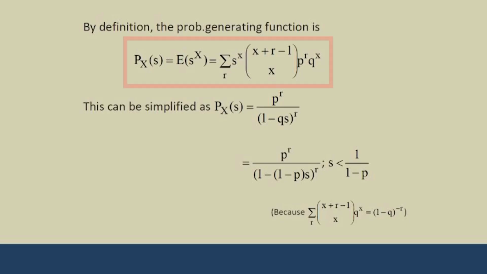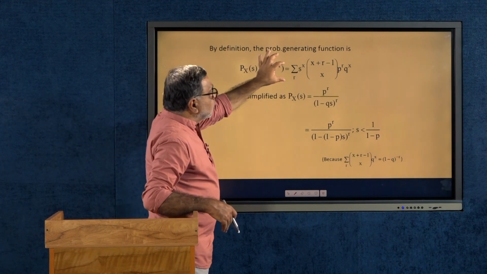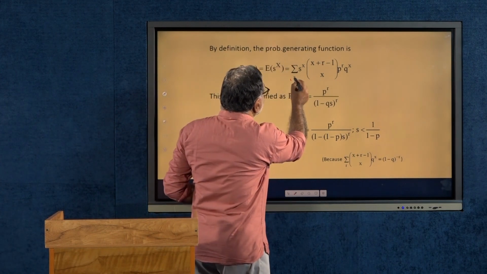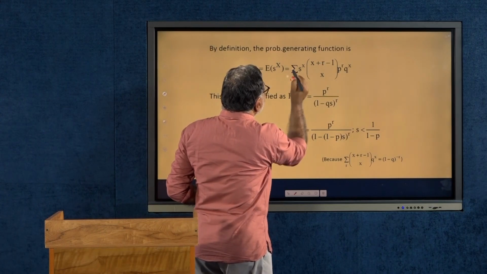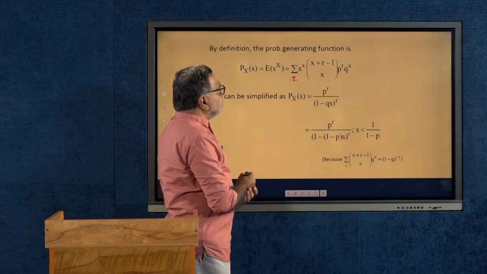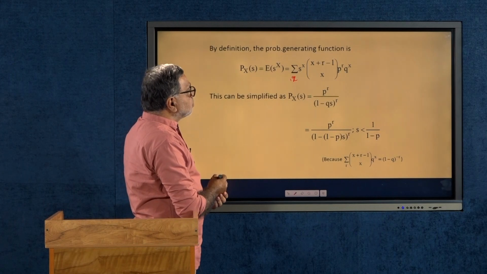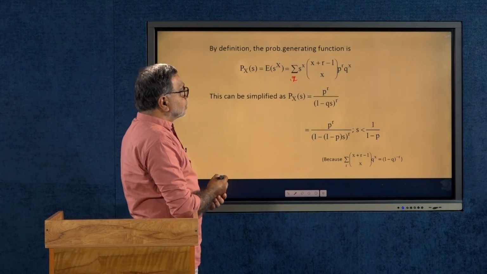See, by definition, the probability generating function value is equal to the expectation of s power x, and that is equal to the summation over x of (x plus r minus 1) c x p power r q power x s power x.